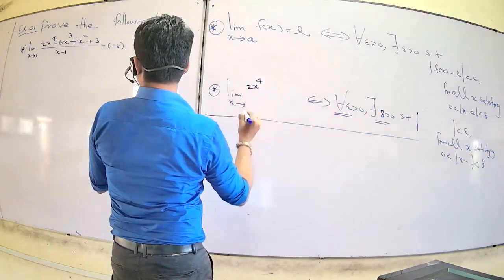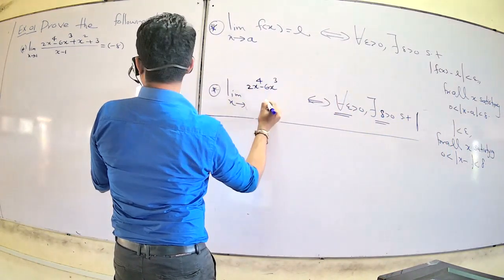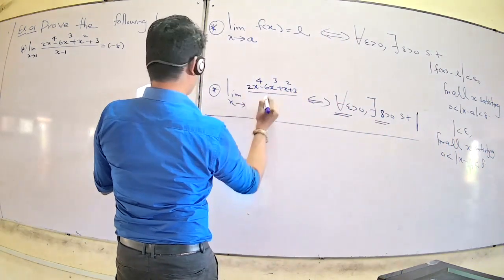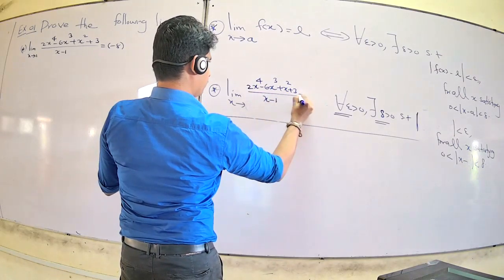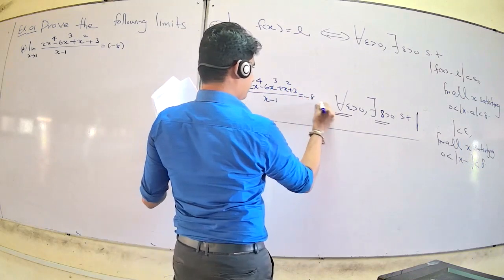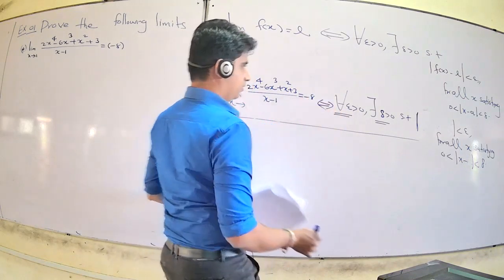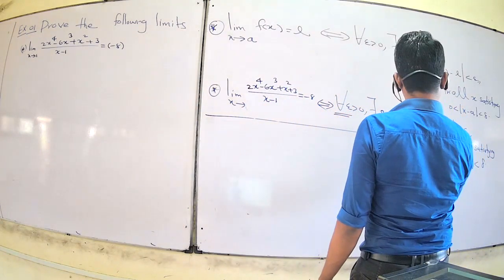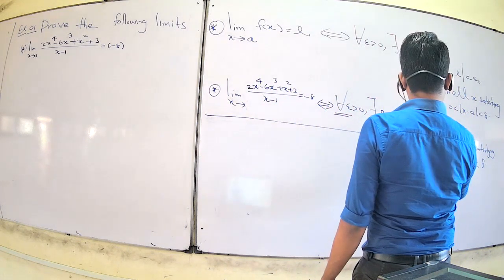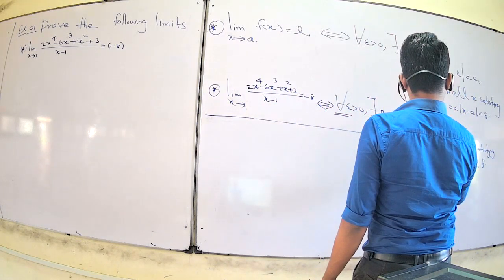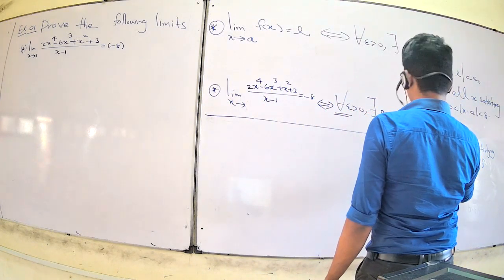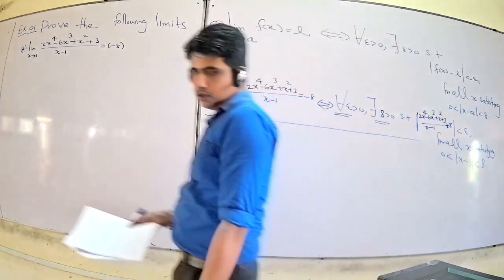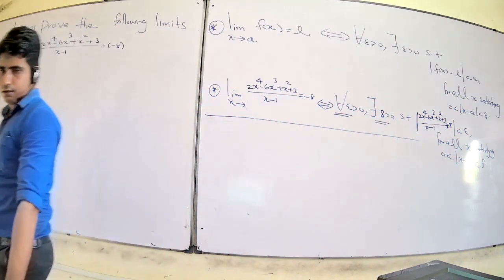The limit of (2x to the power 4 minus 6x cubed plus 8x squared plus 3) over (x minus 1) equals minus 8. Here, we need to show that the absolute value of (2x to the power 4 minus 6x cubed plus 8x squared plus 3) over (x minus 1) plus 8 is less than epsilon. That is your claim, right?